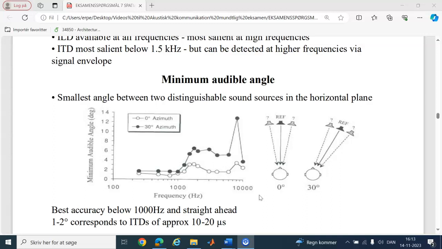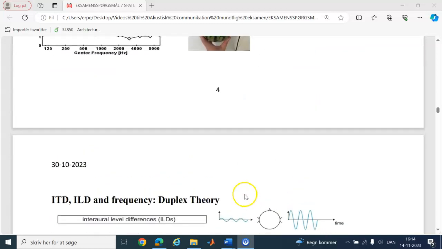At 30 degrees azimuth, the audible angle increases with higher frequencies, from 1500 or 2000 Hz it's more than at 0 degrees. Best accuracy is below 1000 Hz and straight ahead. 1 to 2 degrees correspond to ITDs of approximately 10 to 20 microseconds.